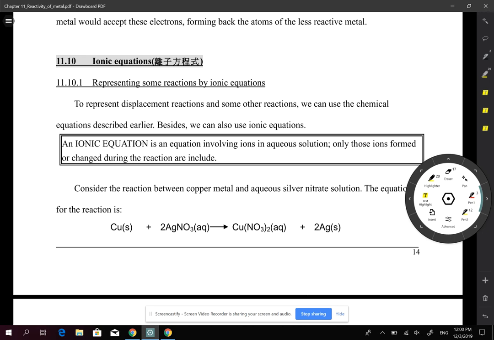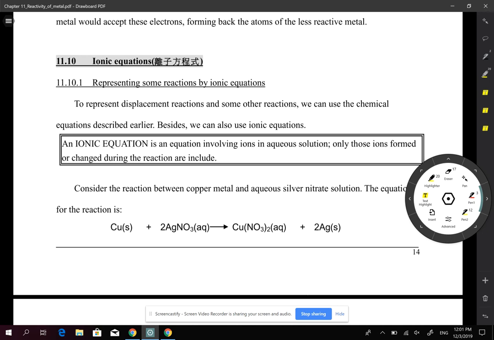有部分嘅 reaction 我哋想要知道真正佢發生緊咩事，我哋會將佢變做一個叫 ionic equations。咁in this chapter, there are 2 reactions we can change into ionic equations, including the reaction of metal with acid, and also displacement reaction. For both of such 2 kinds of reactions, we can rewrite it into ionic equations.